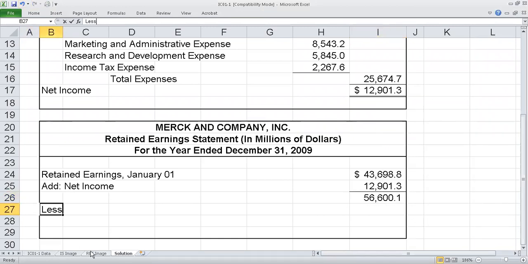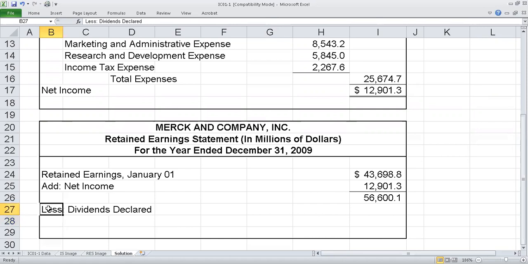So less dividends declared. Right? Kimmel typically just calls them dividends. That's the account name that he uses. Another name is dividends declared. They're just 2 different names for the same account. Right?